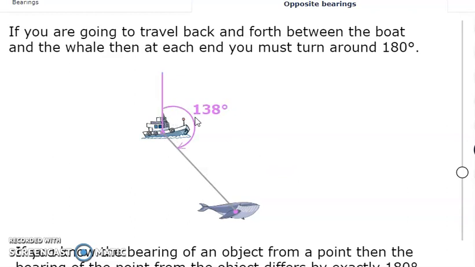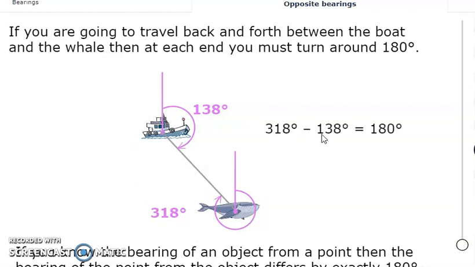If this is 138 degree, then what is the bearing of the ship from this whale? It will be 318 degree. If you add 180, you will get 318. So the difference is 180 degree.